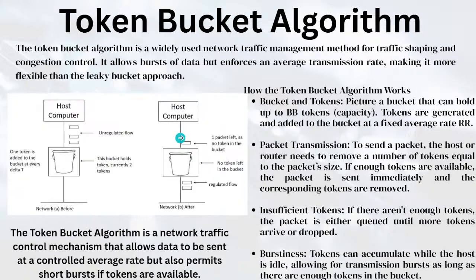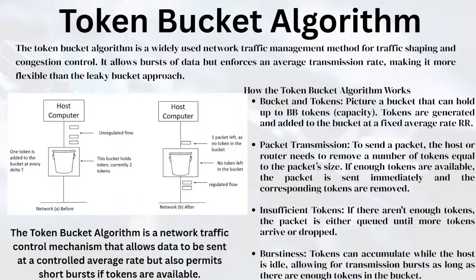Now packet transmission. To send a packet, the host or the router needs to remove a number of tokens equal to the packet size. If enough tokens are available, the packet is sent immediately and the corresponding tokens are removed.